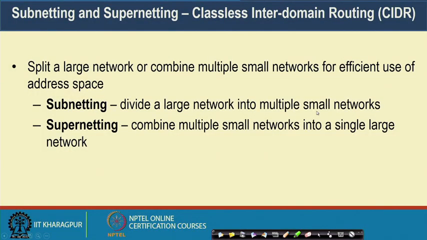For that we have two different concepts, subnetting and supernetting. Subnetting divides a large network into multiple small networks, and supernetting combines multiple small networks into a single large network. Together they form the concept of classless interdomain routing, or CIDR.